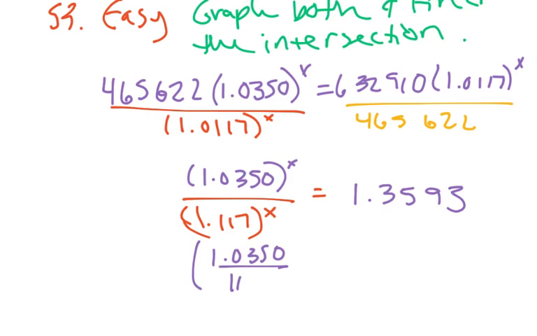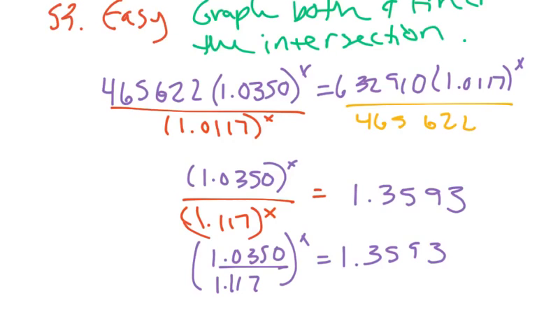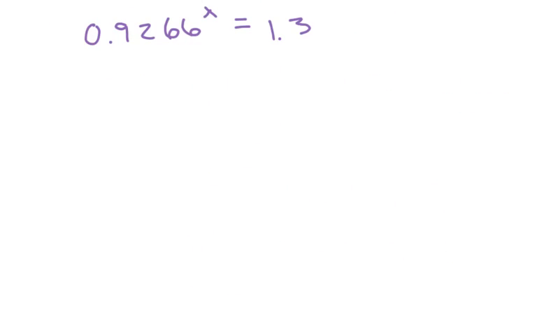You'll notice that both of them are raised to an x power, and so you can rewrite this as 1.0350 over 1.117 to its x power, which of course could be a decimal value. So 1.0350 divided by 1.117 leaves us with 0.9266 raised to an x power, and that's going to equal 1.3593 from the previous.